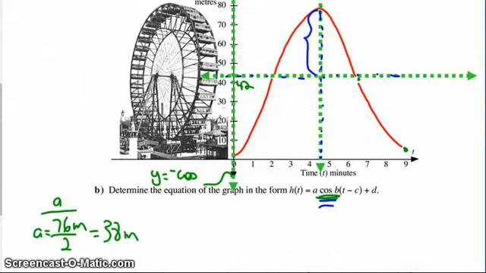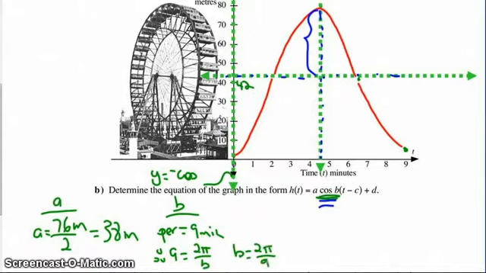When I consider my B value, I have to consider what the period is. This Ferris wheel is completing a rotation in a positive direction. To find the B value, we know that in this case the period is equal to 9 minutes. So 9 is equal to 2 pi over b. If we solve that, b is equal to 2 pi over 9.